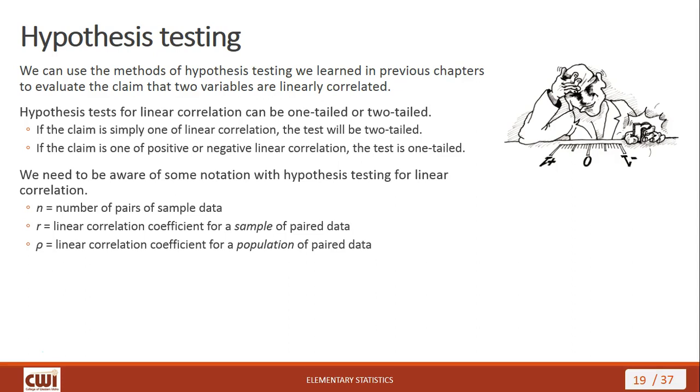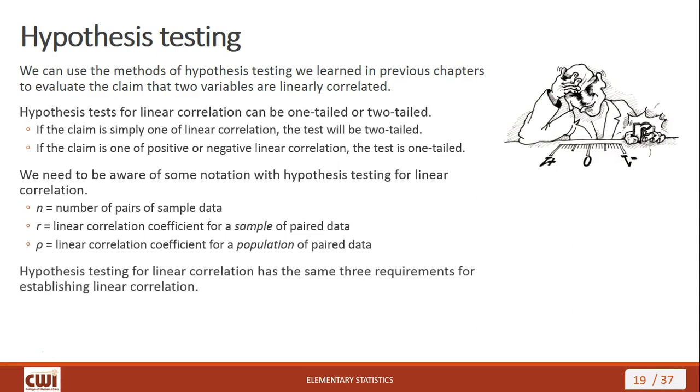So in order to avoid confusion, we're using the lowercase letter r for the sample linear correlation coefficient and the lowercase Greek letter rho, which is the Greek equivalent of the lowercase letter r, as the population linear correlation coefficient.